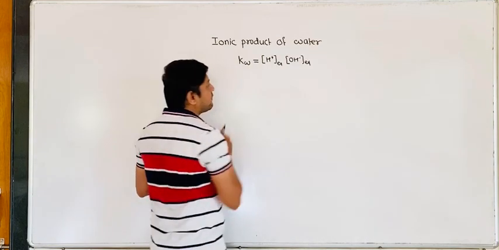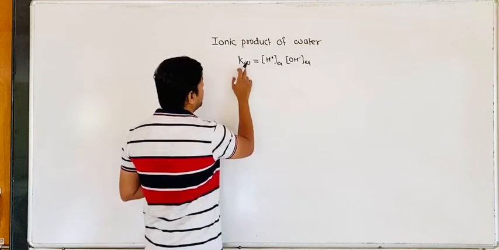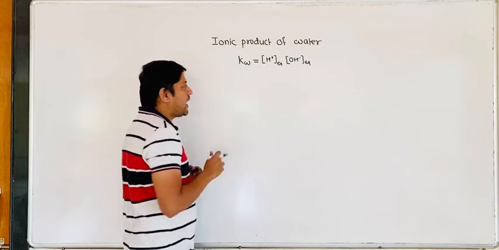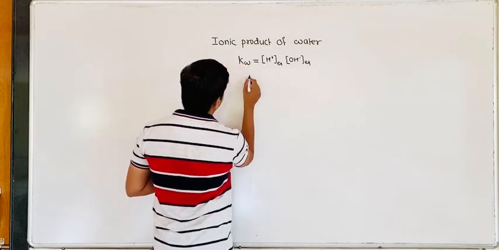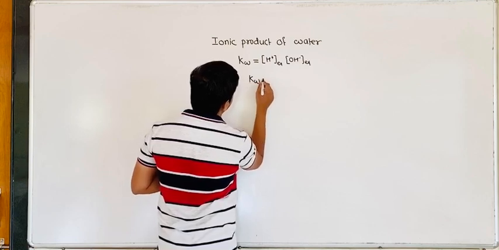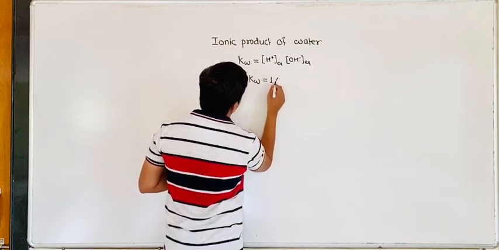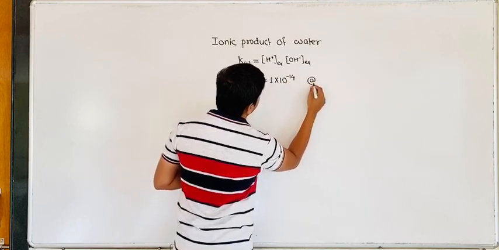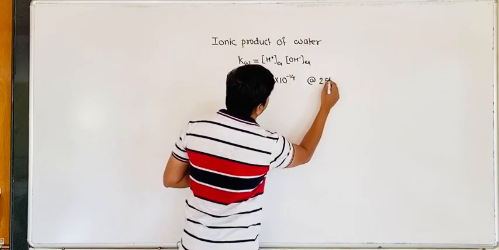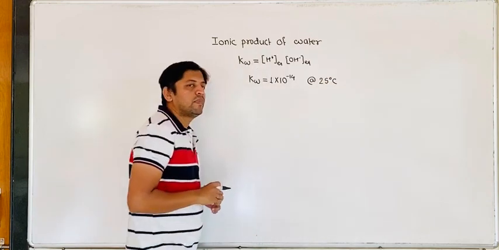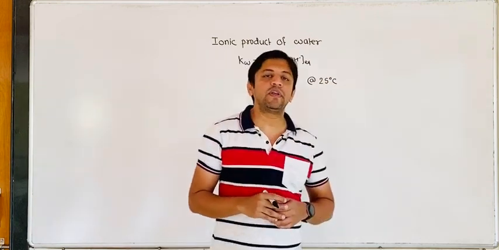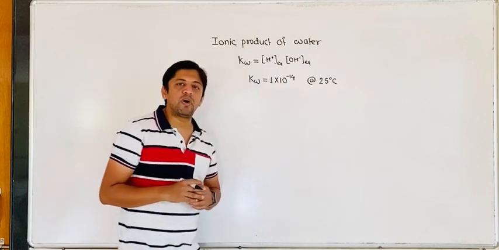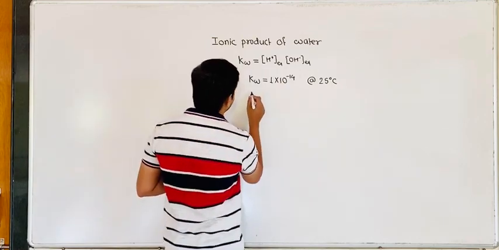This dissociation constant of water, Kw, depends on temperature, and experimentally it has been found that the value of Kw is equal to 1 into 10 raised to minus 14 at 25 degrees Celsius. As temperature goes on increasing, the value of this equilibrium constant also increases.